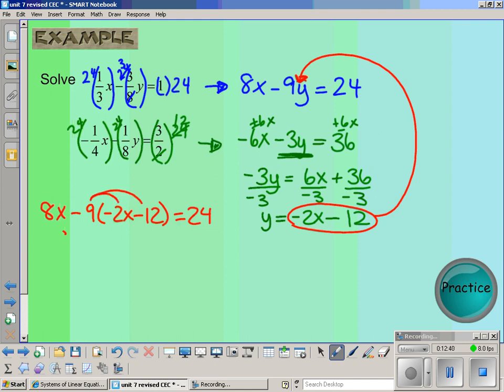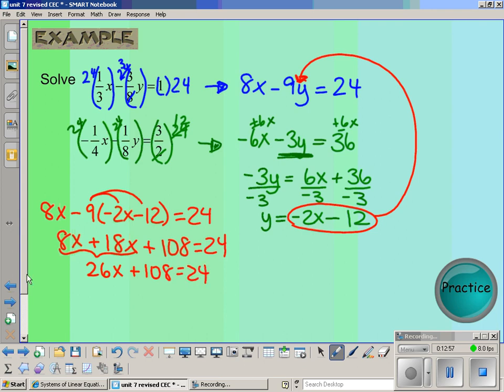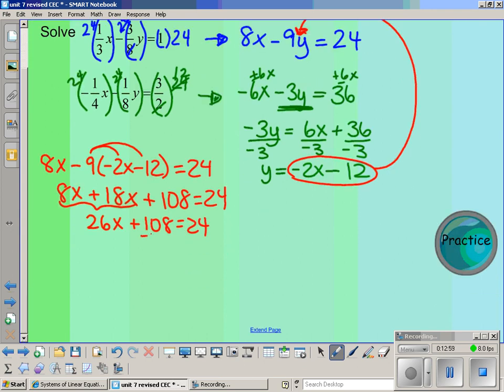Distribute the minus 9 through the brackets. We'll have plus 18x plus 108 equals 24. Put the x's together. We'll have 26x plus 108 equals 24. Subtract the 108.